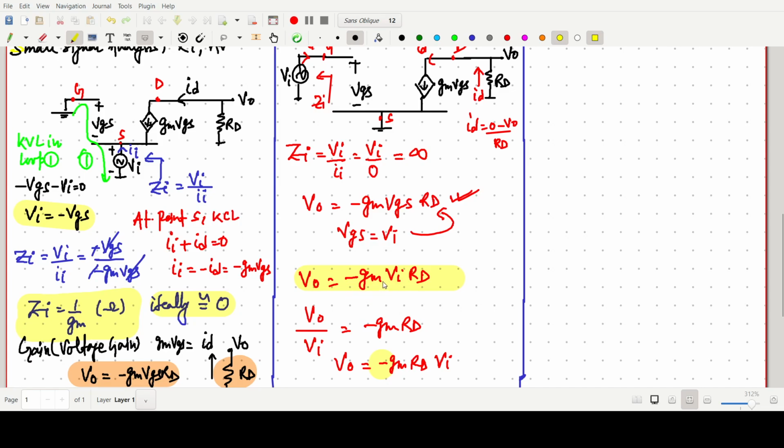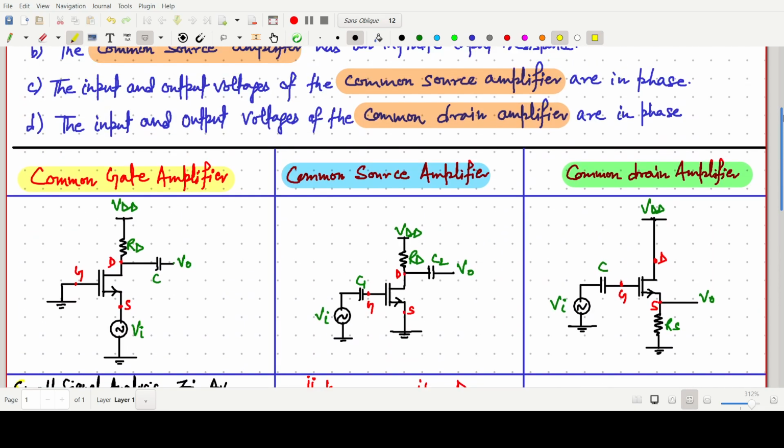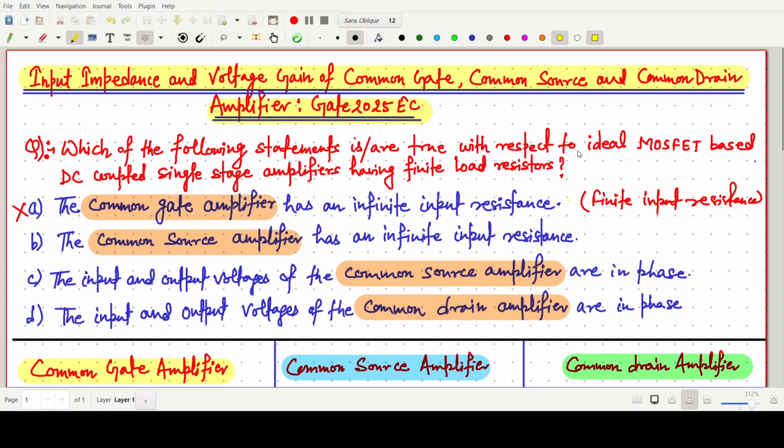So there is a phase change, and input impedance will be infinity in a common source amplifier. So we have to select the statement: the common source amplifier has infinite input resistance. Is it okay or not? Yes, it is okay. This one will be the correct one.